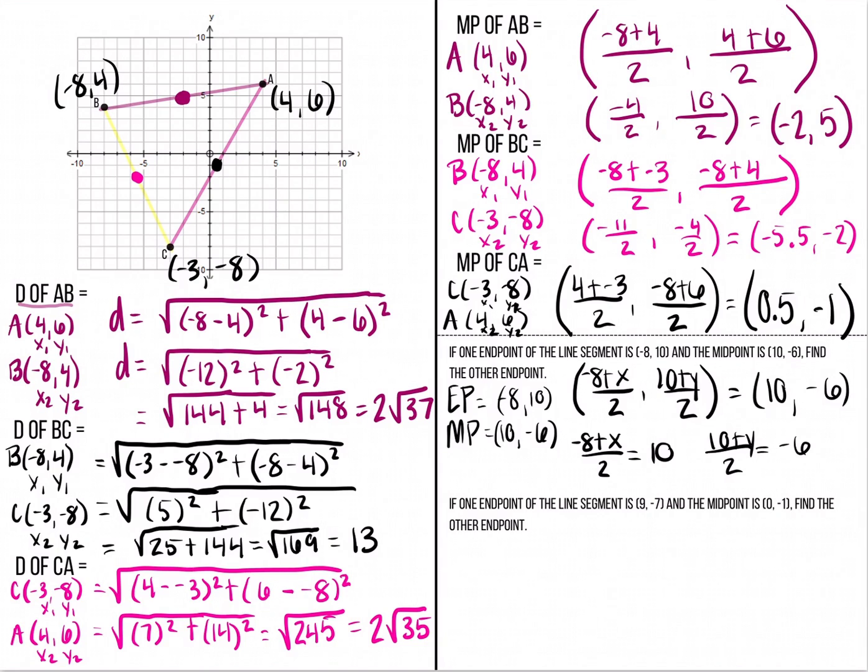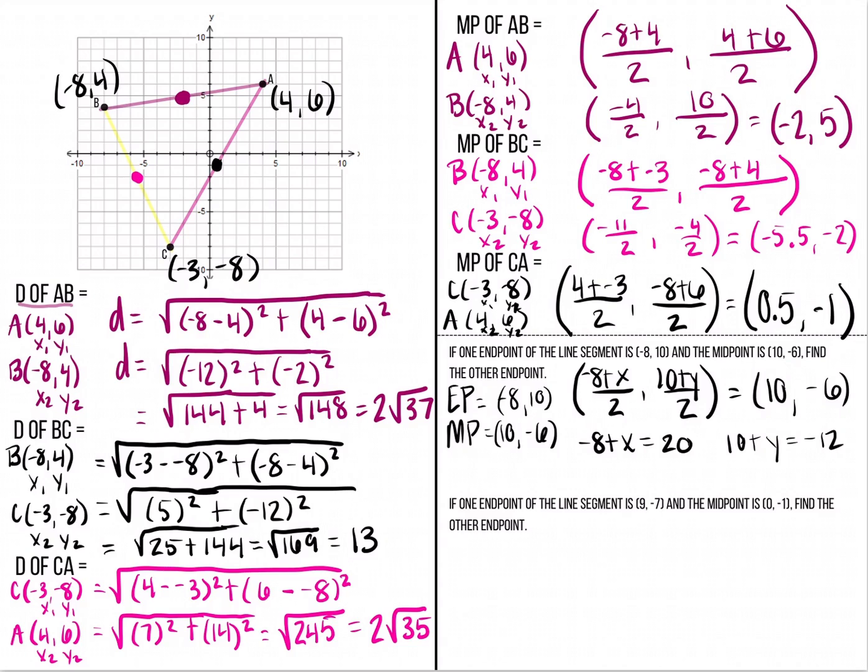Okay. So then we're going to multiply by 2. And so when we do that, I'm sorry, I'm running out of room, so I'm going to have to erase some of this. We end up with negative 8 plus x equals 20. And then 10 plus y equals negative 12. Okay, so that's just me multiplying both sides by 2.